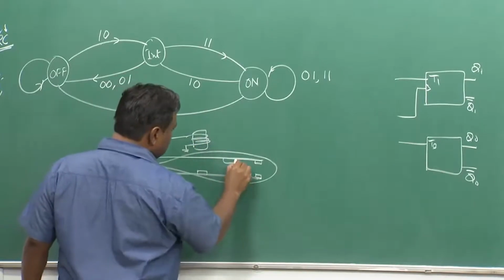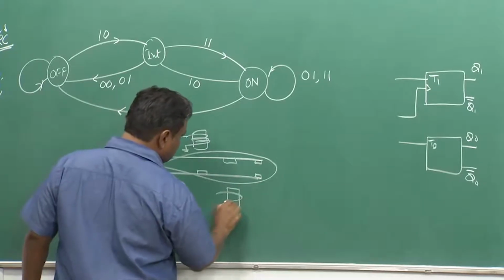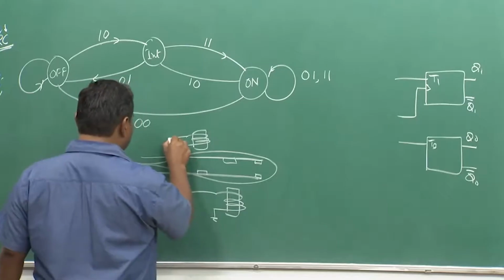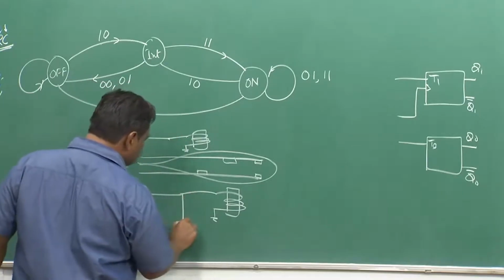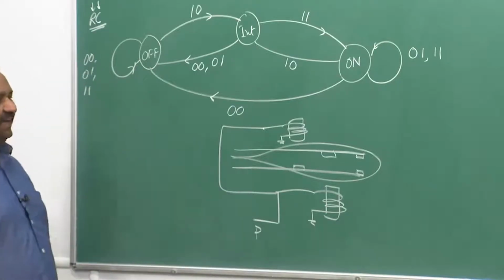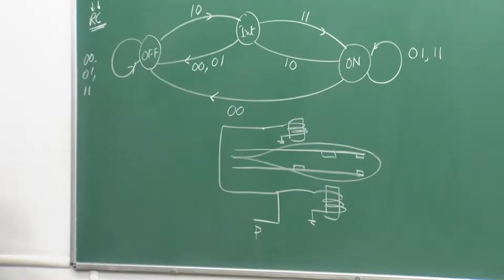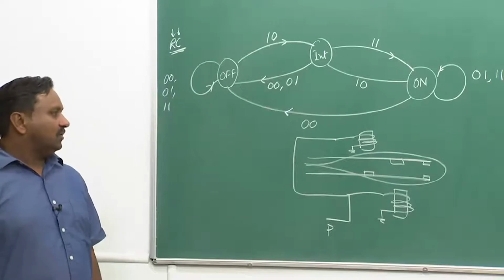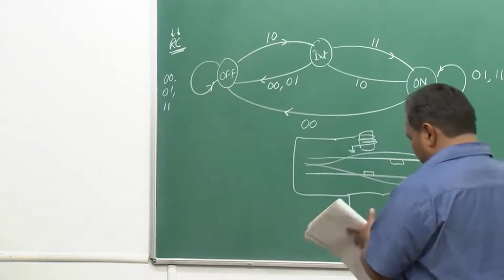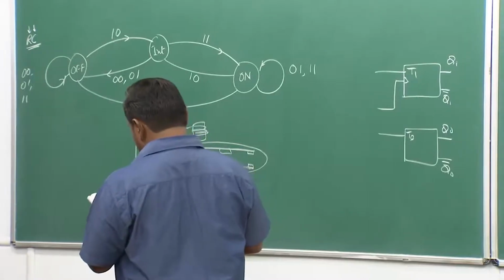I am going to take and short these 2, and this is my activation, I call it signal P. Whenever P is high, this cross point is active, when P is low, it is not going to be active.